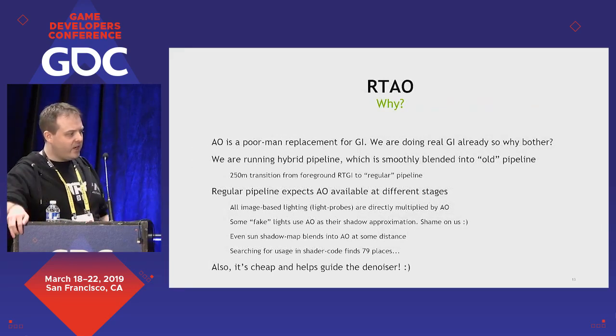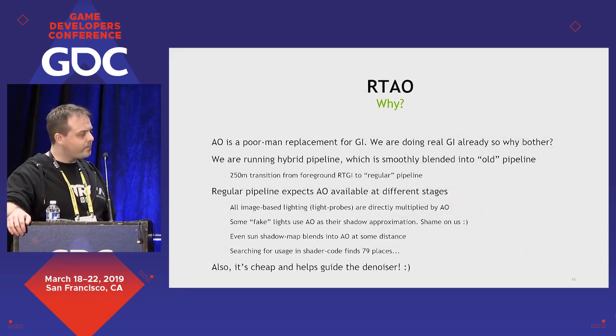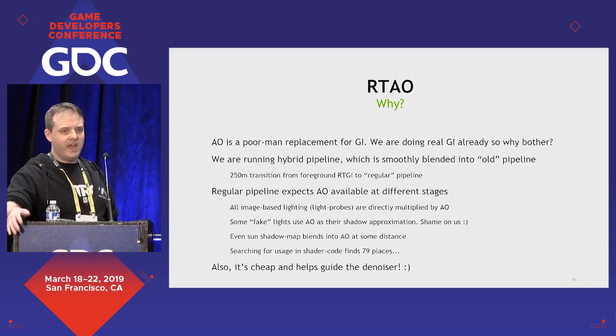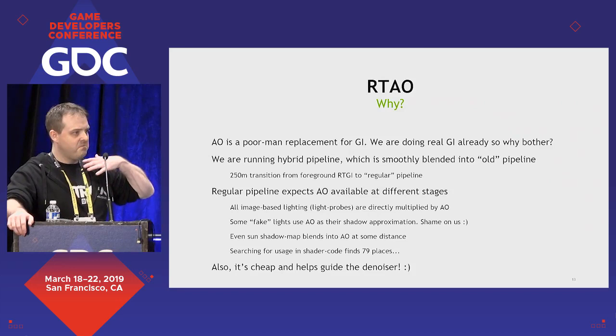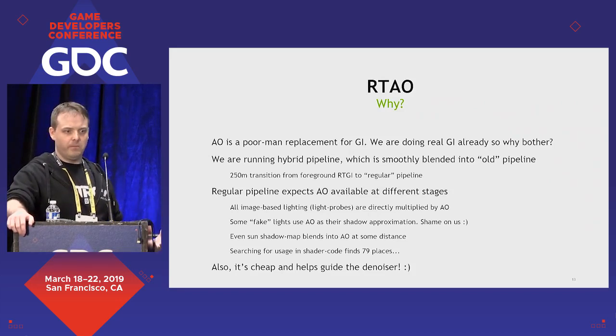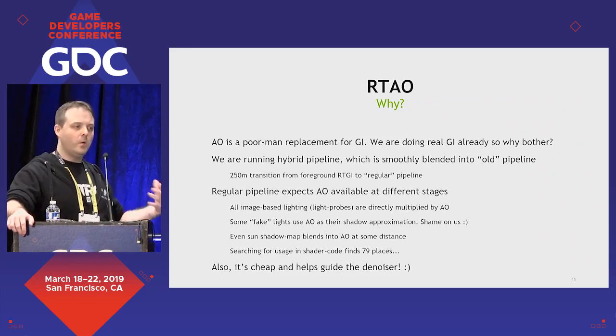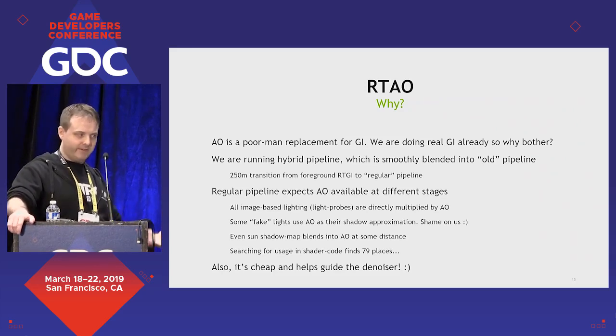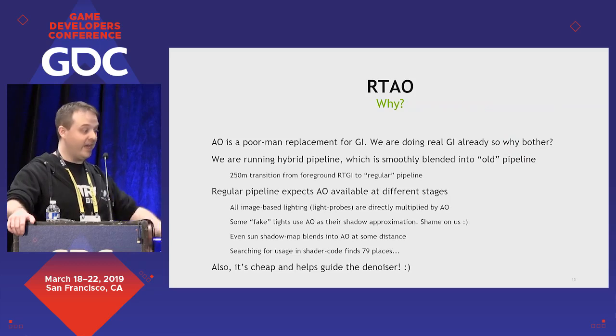Okay, so let's take a look at the features we've actually implemented. Now, I said up front that a lot of the techniques like AO and whatnot are supposed to emerge from the ray tracing process. We're supposed to see them appear natively. So you may ask, why should we still bother doing something like RTAO, which is a replacement for SSAO?